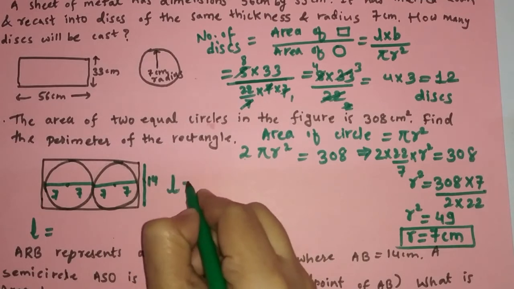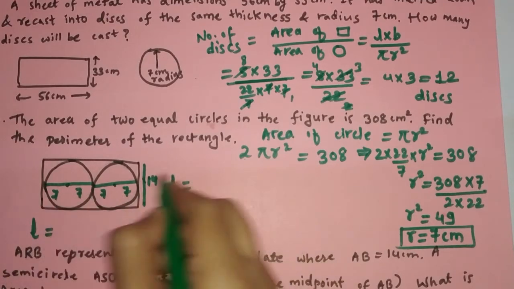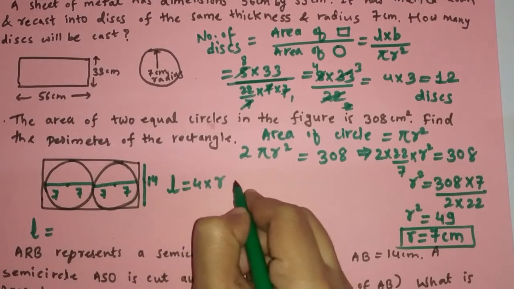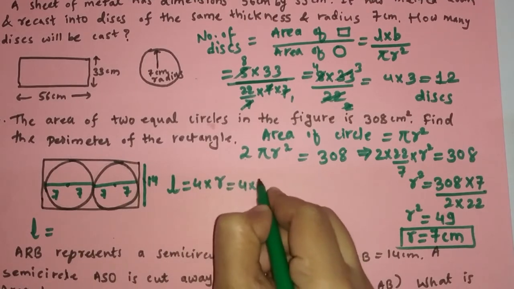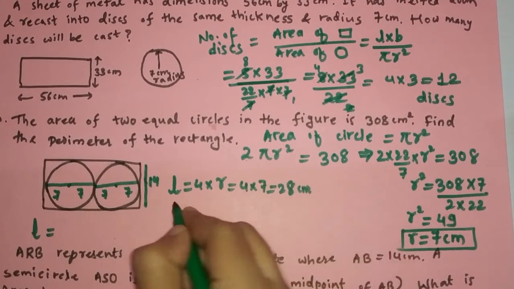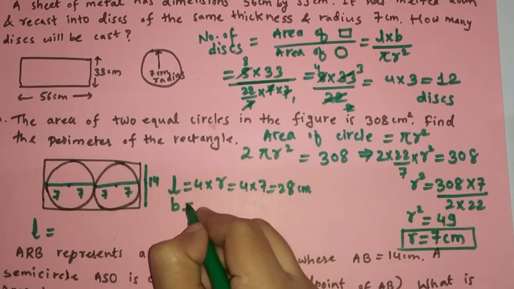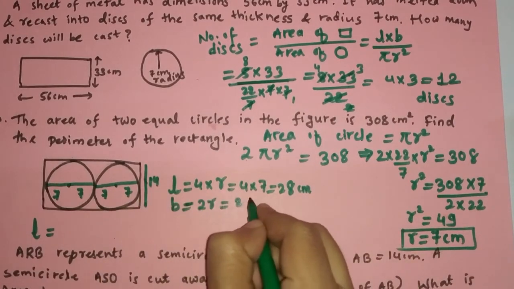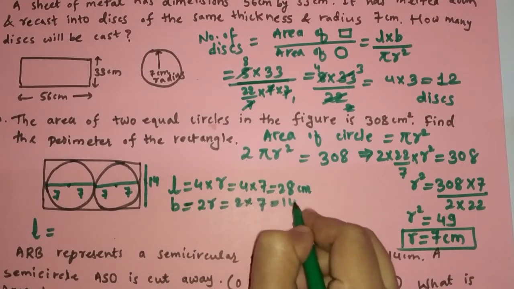So length is equal to 4 times r, which is 4 into 7, so we'll get 28 centimeters. And the breadth of this rectangle is twice r, which is 2 into 7. We get 14 centimeters.